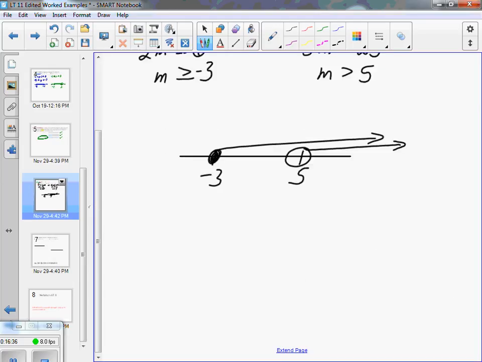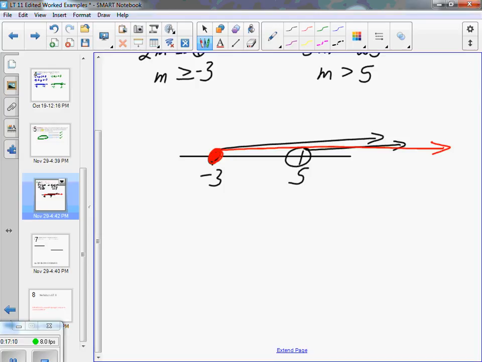Now, that's a weird looking graph, and that's not going to fly. Remember that our solution is any number that's a solution of either one of them. Isn't everything from negative 3 to the right a solution of at least one of those?